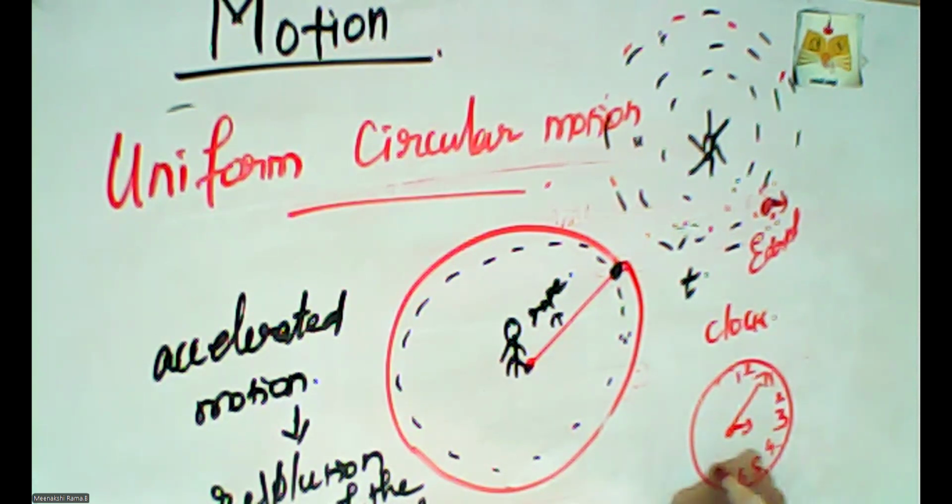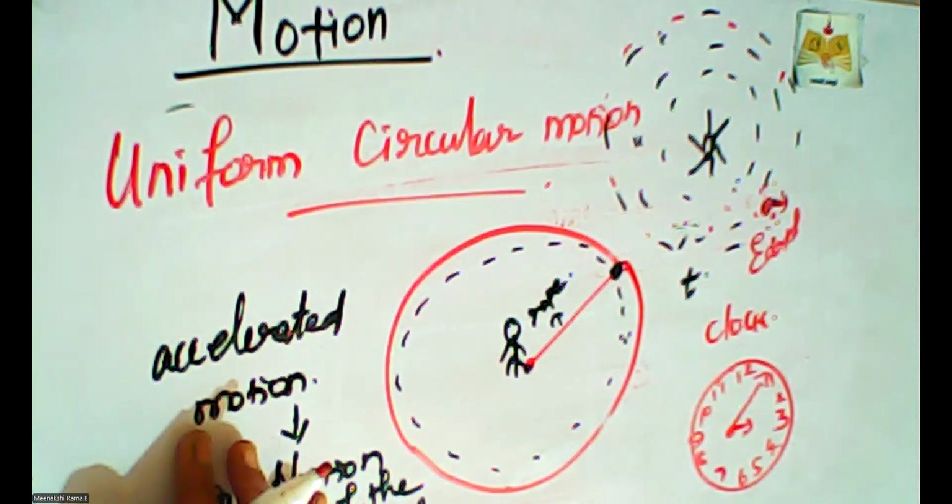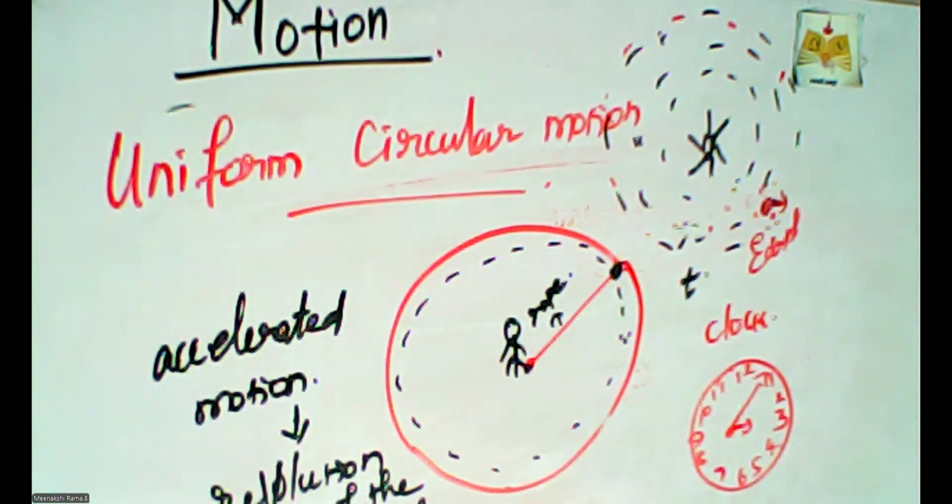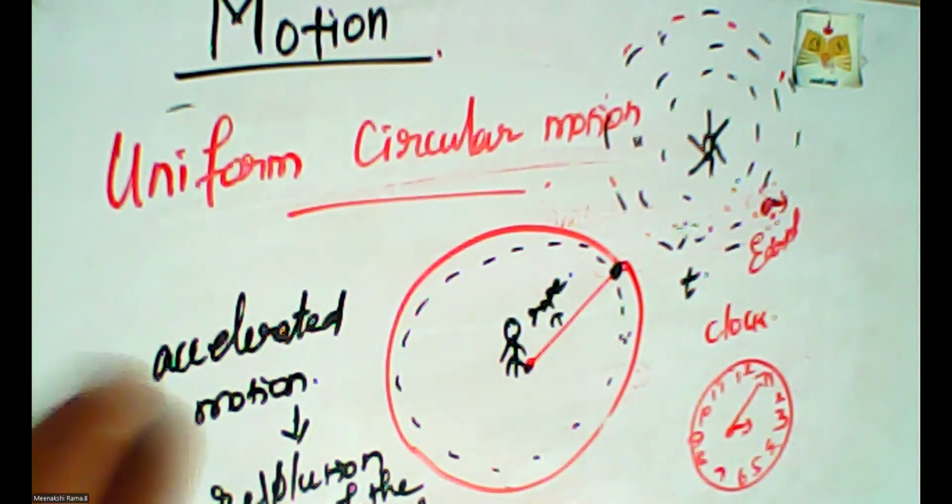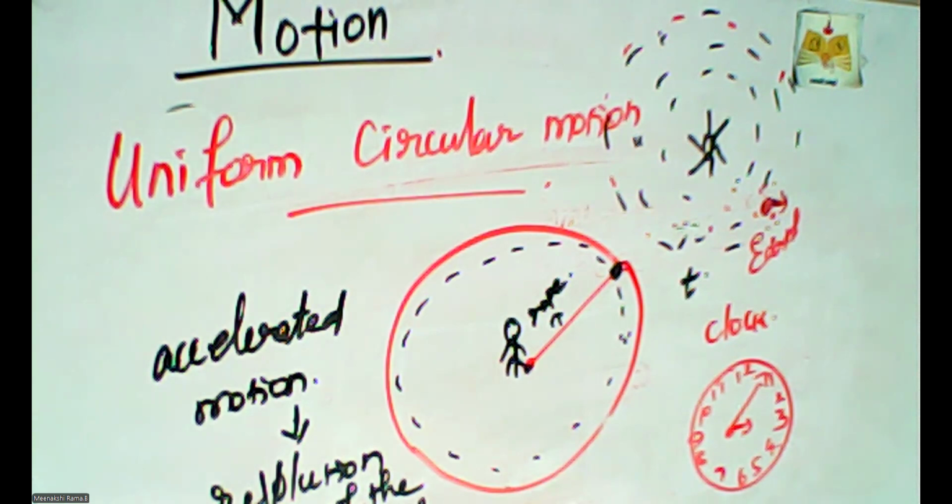Each and every hand rotates around the clock. The minute hand rotates around the clock face. So this is also a good example of accelerated motion. That is the revolution. How can we calculate the speed?